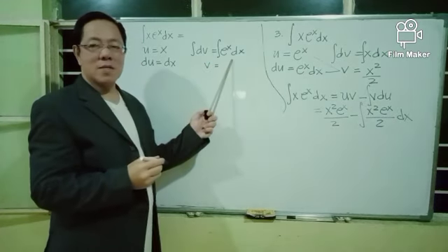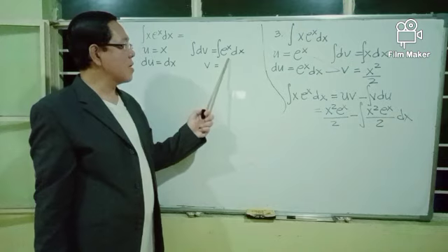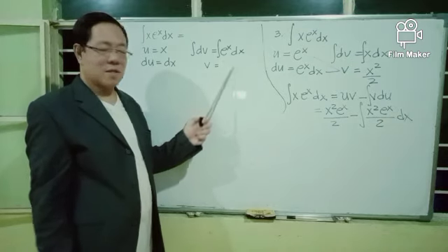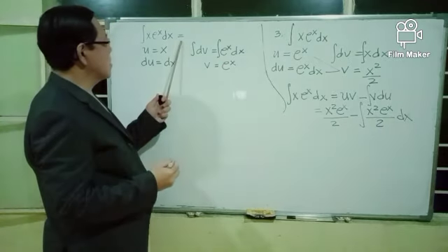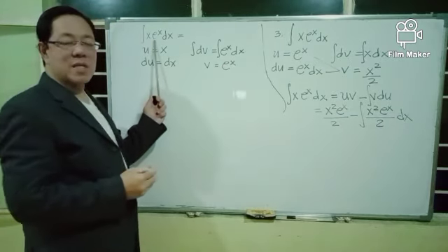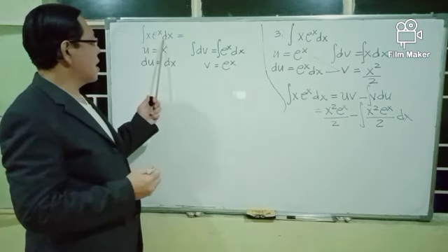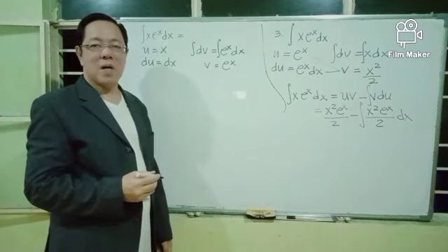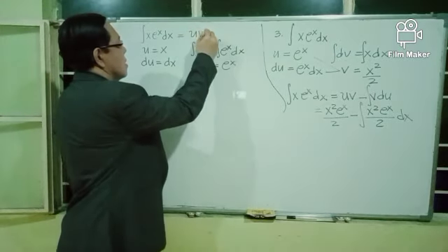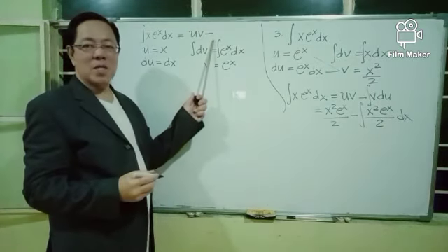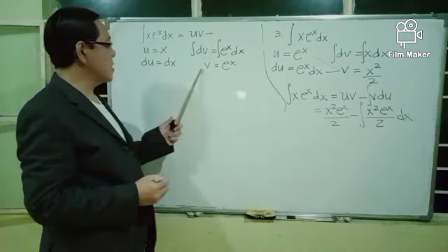And from your course in differential calculus, the integral of e to the x is e to the x. Now, the given integral x e to the x dx by integration by parts is now equal to uv minus, always minus, the integral of v du.